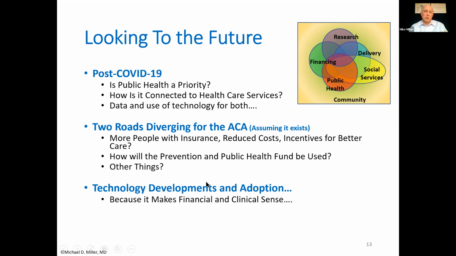And then, of course, what we're going to talk about now is technology developments and adoptions. Will it make financial sense and clinical sense? And in some ways, those financial calculations and clinical calculations relate back to how the financing system works and how the ACA and related parts of health insurance evolve.